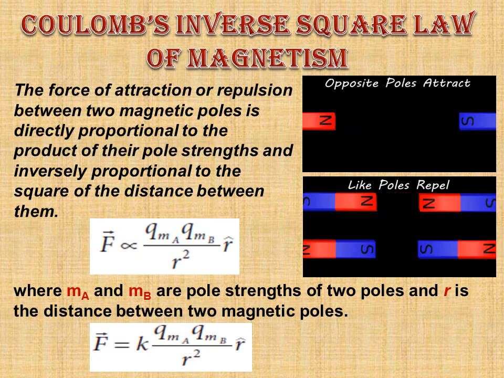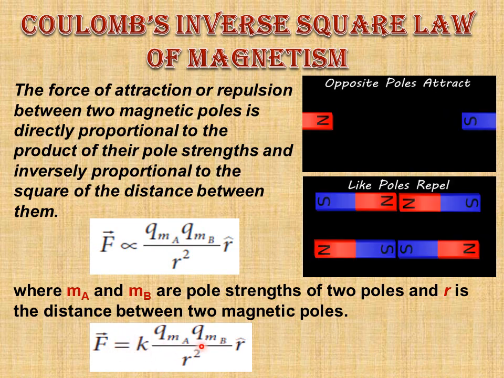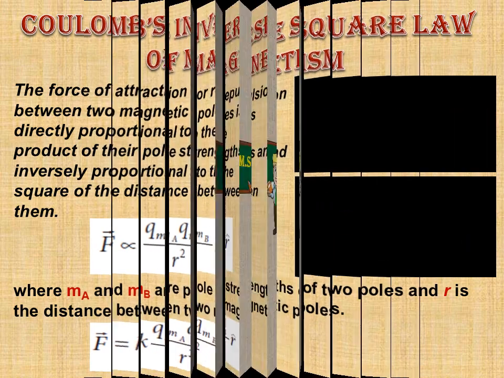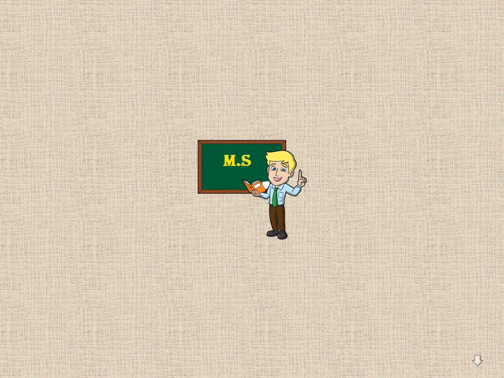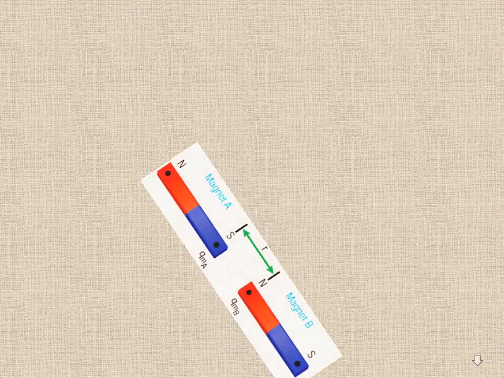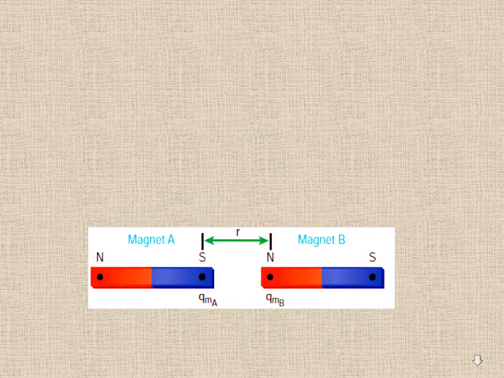Therefore, to equate this, we get a constant K. So the F vector is equal to K into QmA QmB divided by r square into r cap. Here are the two magnets.